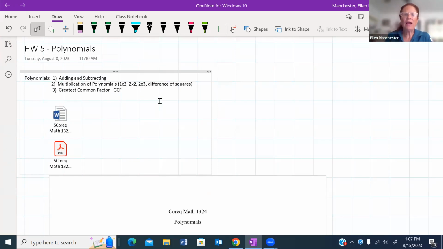We're going to cover adding and subtracting polynomials, and multiplication of polynomials. I'm going to show you a couple of different ways to do it. You pick a technique that you like and stick with it. Then we're going to do one technique of factoring, greatest common factor. Once I get back into the States and we're up and running, we'll go over all the other techniques of factoring.